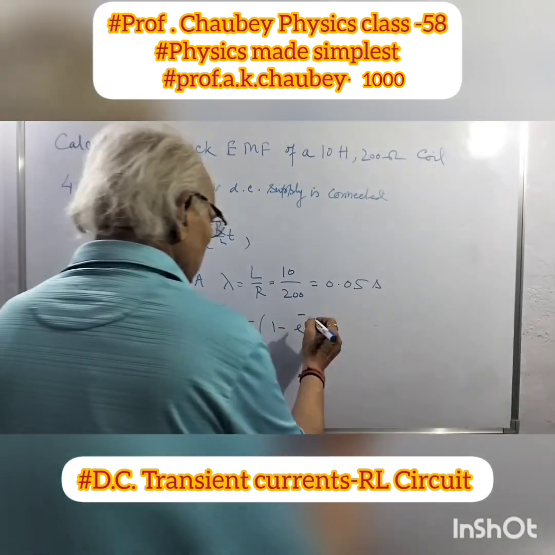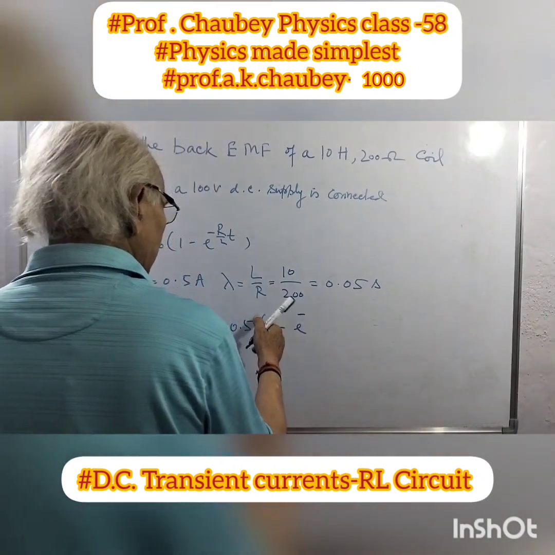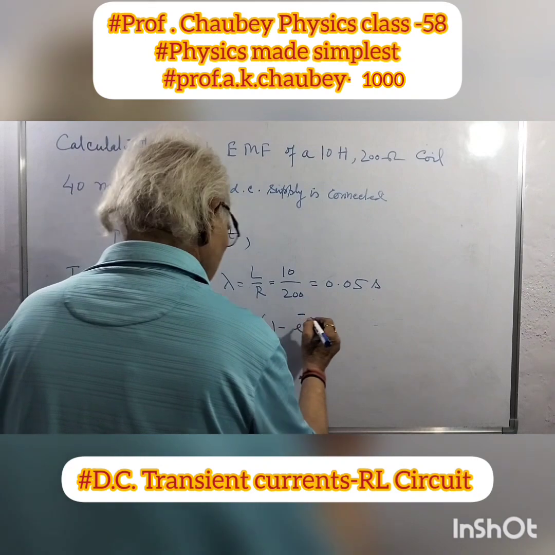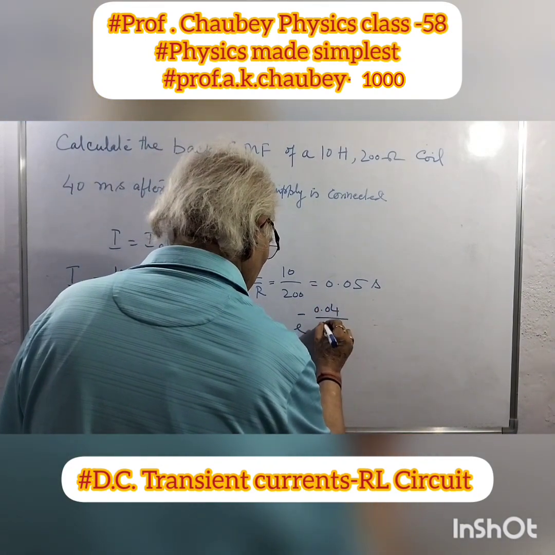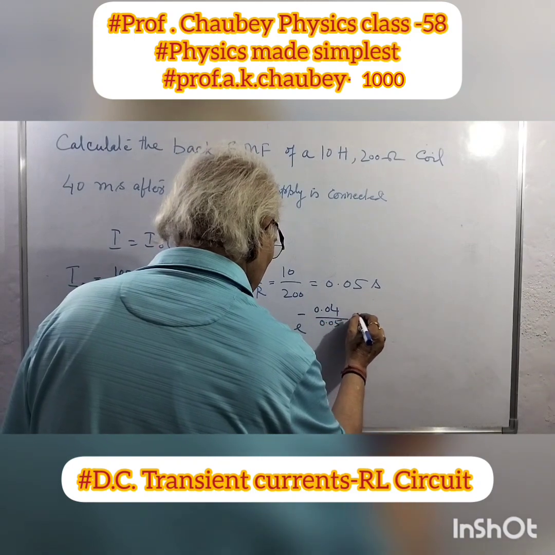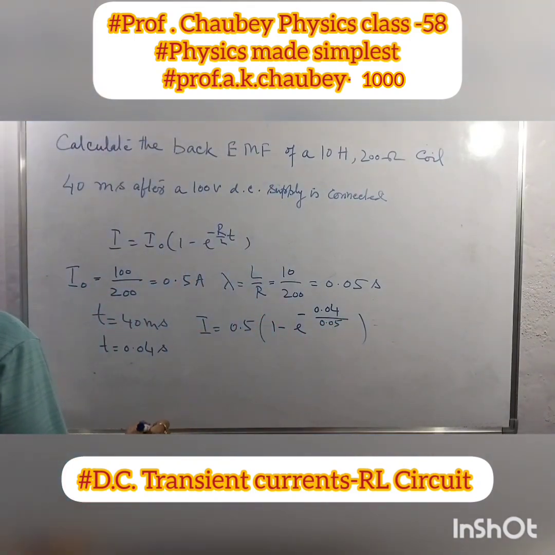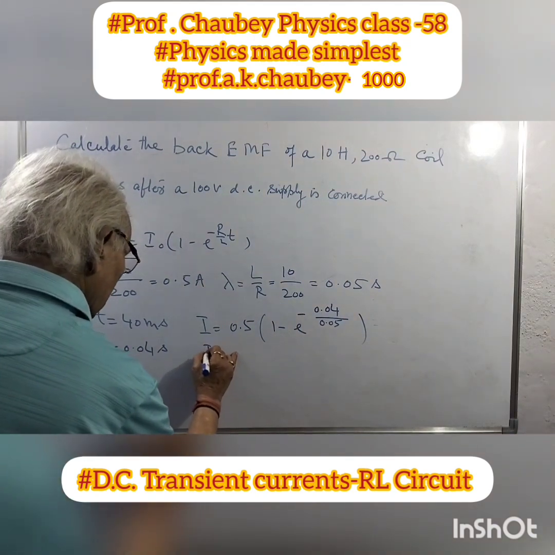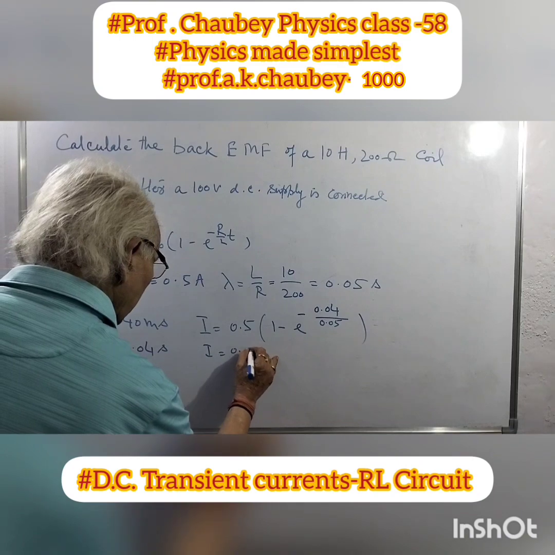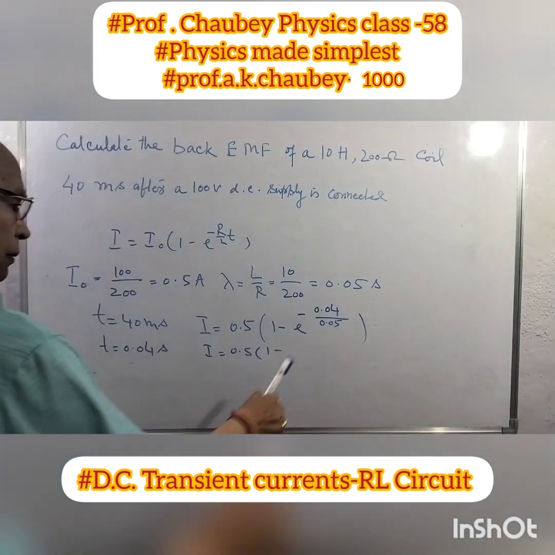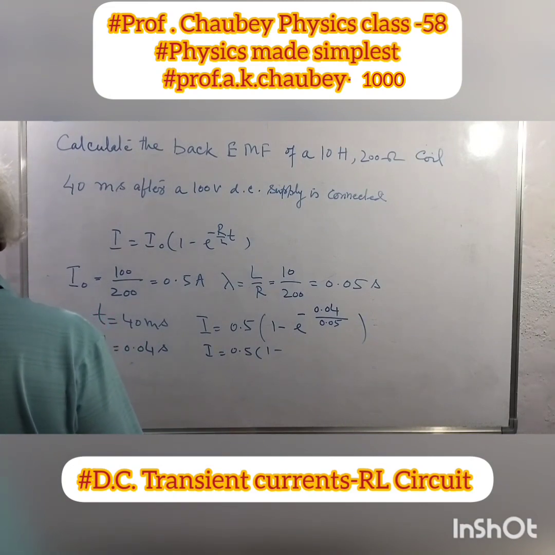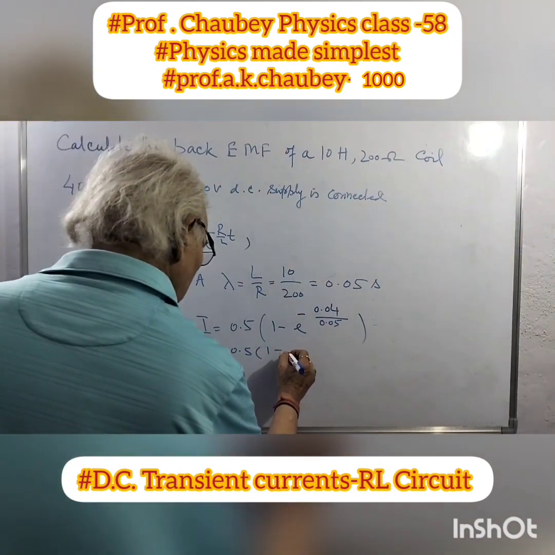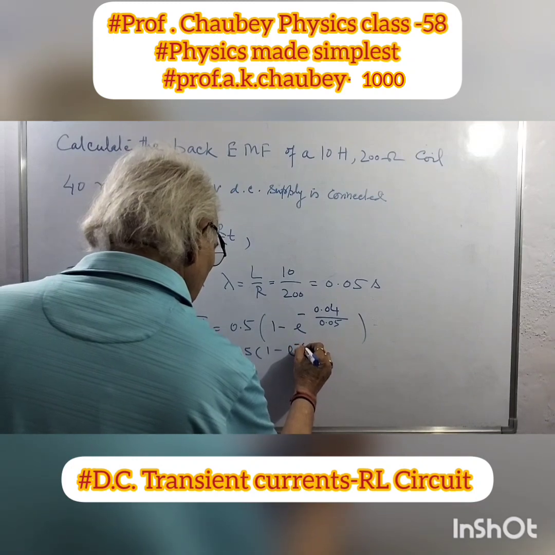So this is 0.04 divided by 0.05, which is 4 over 5, meaning 0.8.